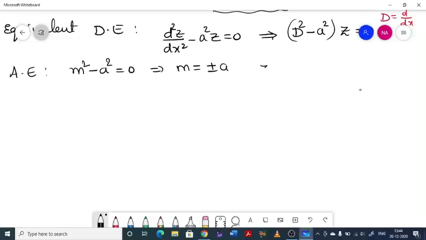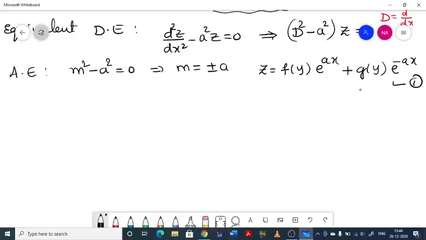So you will be having dependent variable z equal to, so real roots you have plus a and minus a, first constant f of y into e power ax plus g of y into e power minus ax. So I can call this as equation 1.